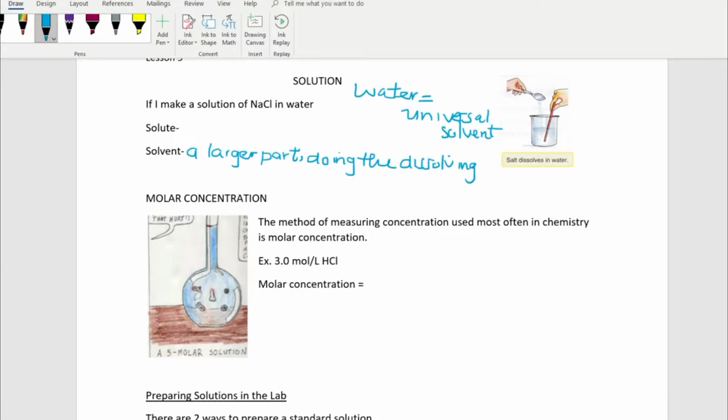while on the other hand we have the solute, and the solute is the smaller part of this particular process, and in this part it's actually breaking down its solid states. Or in this process we are being dissolved.